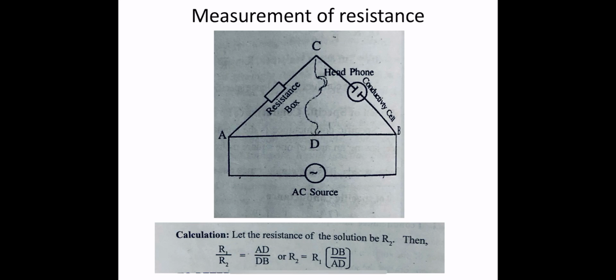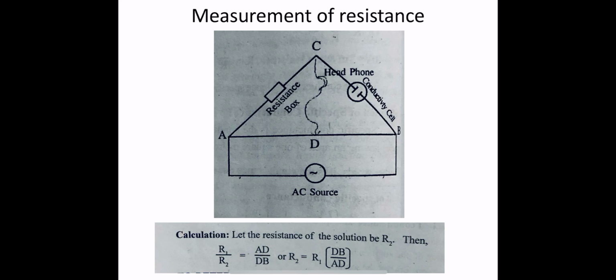Next, the lengths AD and BD are noted down. With the help of this equation we are going to calculate the resistance: R1 divided by R2 is equal to AD divided by DB, where AD is the distance between A and D on the resistance wire. The sliding contact stays in one position where we observe 0 or minimum sound through the headphone.